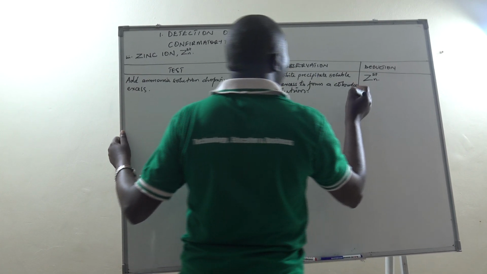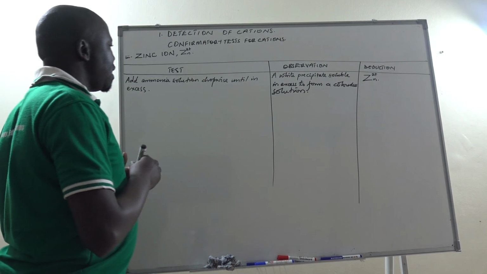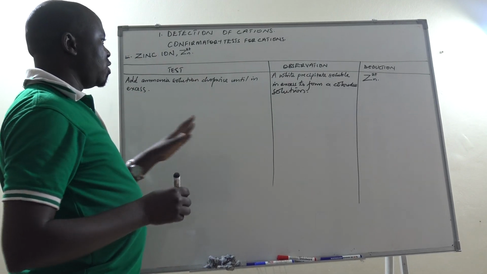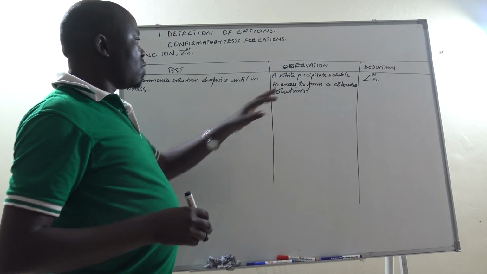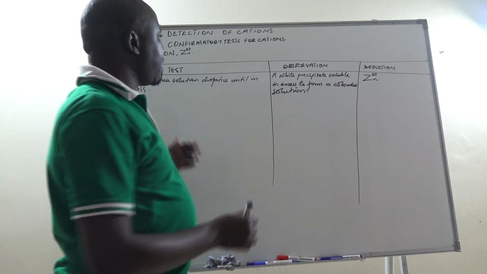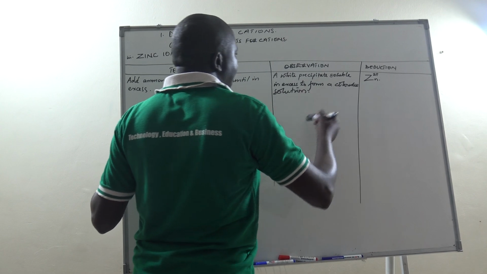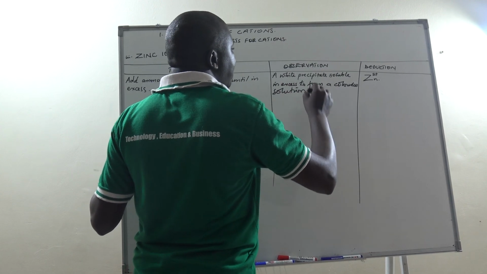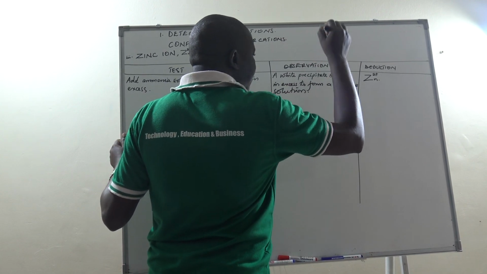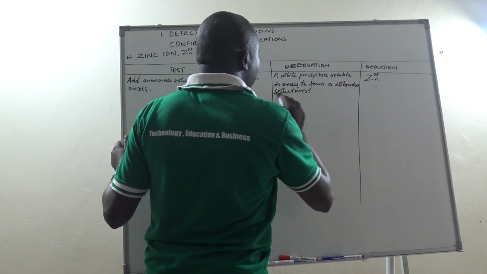Please take note that we had already seen the reaction equations in this case, because we have the equation for the reaction when we add just a few drops, where we get a white precipitate, and then in excess the white precipitate dissolves to form a colorless solution.